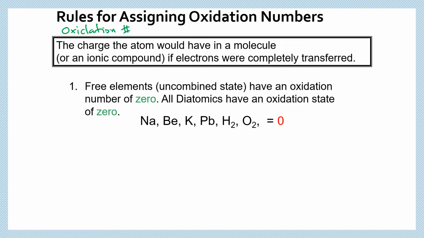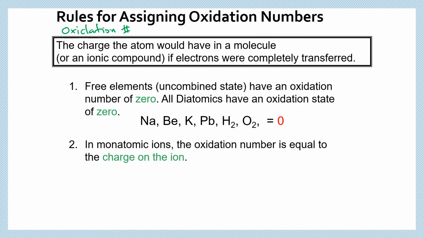We have sodium by itself, beryllium by itself, potassium by itself, lead by itself. All of those are free elements, so they have an oxidation number of 0. And then hydrogen gas and oxygen gas, H2 and O2 respectively, have an oxidation number of 0.